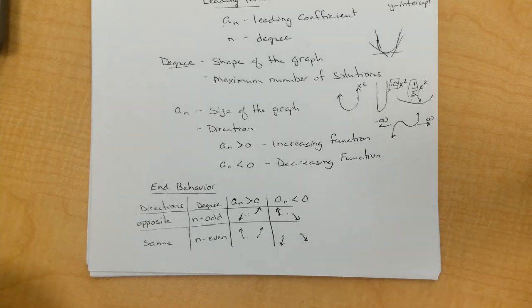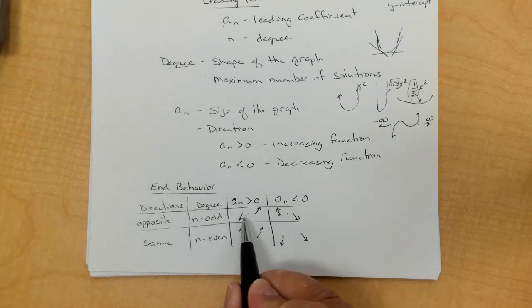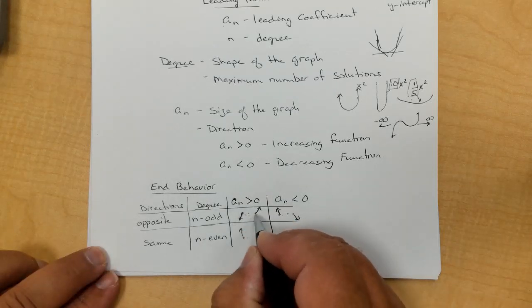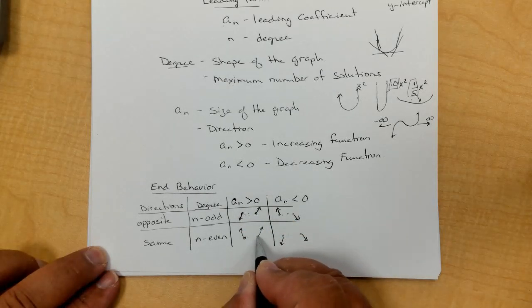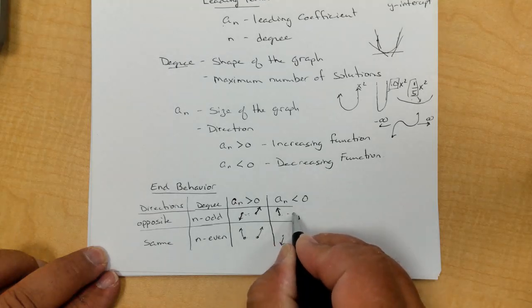So far, so good? Any questions about that? There should be one distinct question you should be able to ask. What are these points? This point and that point. What are these points?